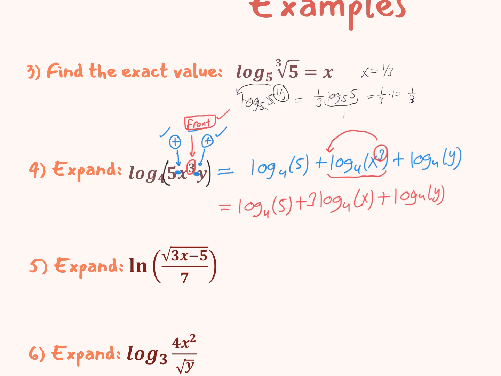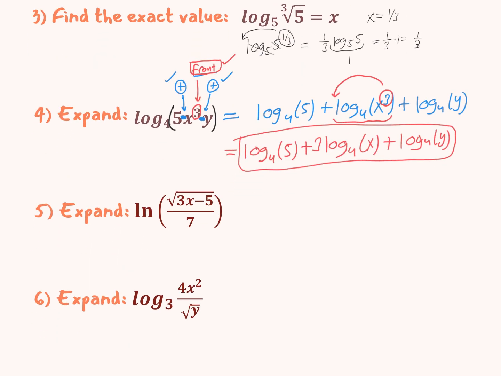And that's checked on the front, right? So that's our final answer. This is fully expanded. I don't see any other multiplication, division, or exponents in my logarithm, so I know we're done, right? Let's try the exact same thing with the next one, right?